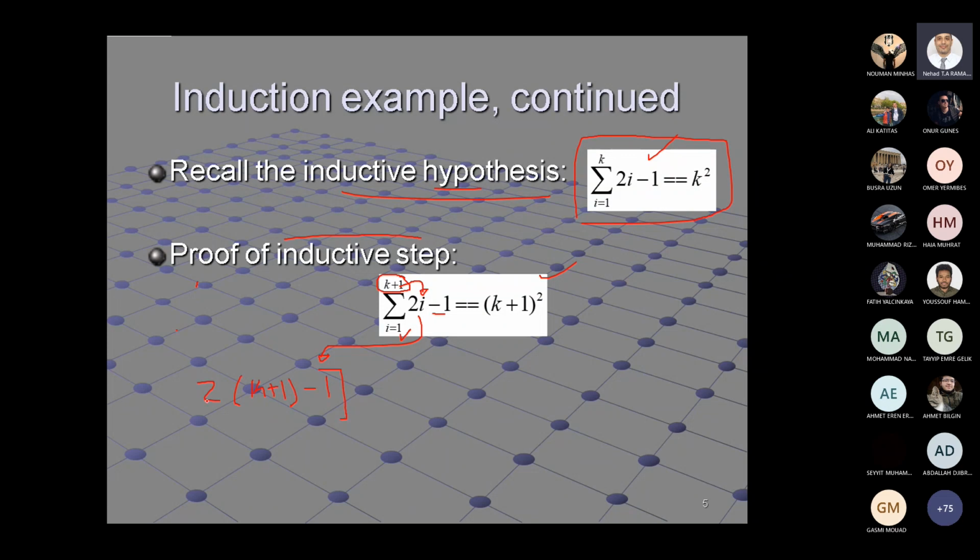All this plus what still we have in the summation. We have in the summation from 1 to k because we already take k plus 1 outside. So what still we have? Summation from i equal 1 to k, 2i minus 1.